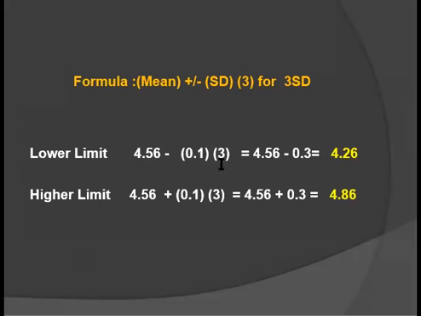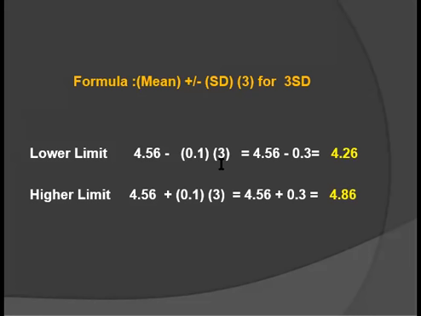Okay? Now, in the normal distribution of values, if you go back to your statistics, you need to remember that when we consider only 1 SD, it is expected that 68.3% of the values will fall within 1 SD.